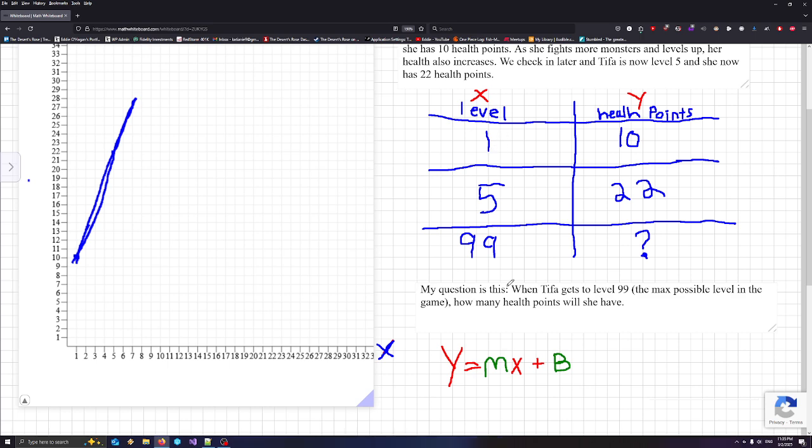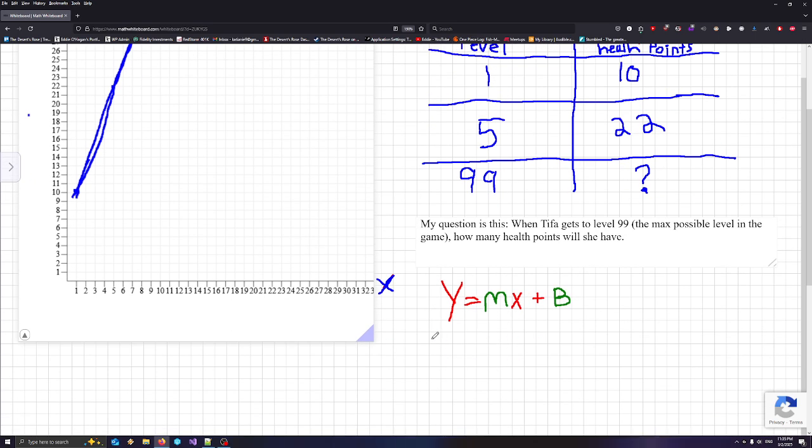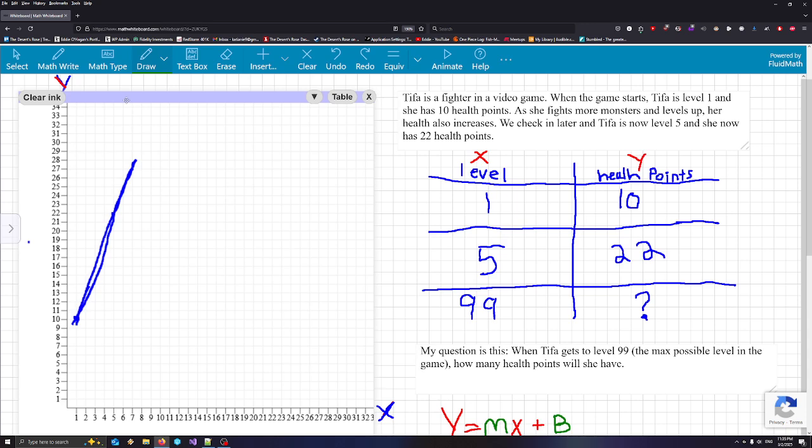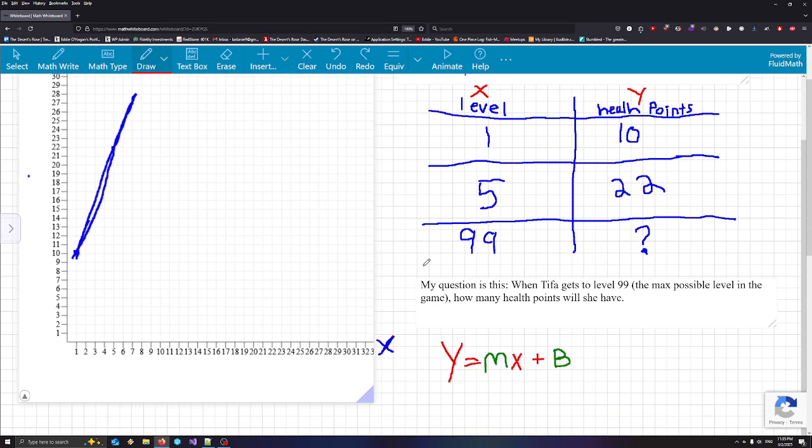Our x, again, is the level. So instead of health points, I'm just going to write HP.